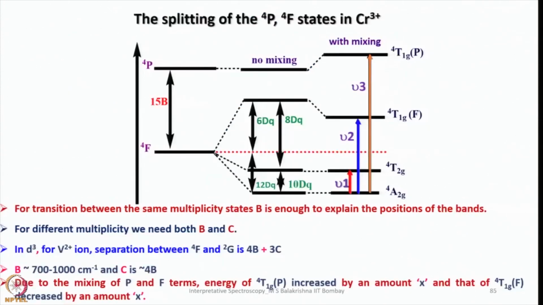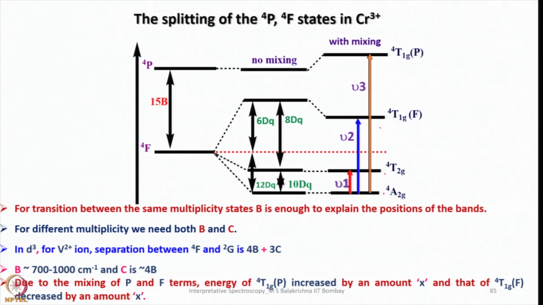So now let's look into the chromium 3 state, how splitting happens here, having 4F and 4P states. You can see here the F state is lower in energy and the P state is increasing in energy because of mixing, whereas these 2 states are not affected.